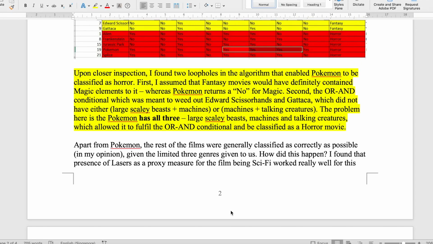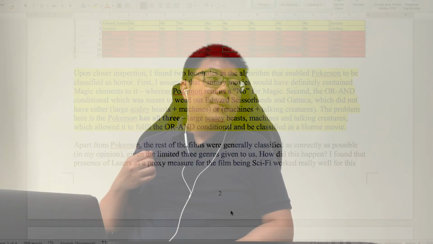Where students really stand out and get more marks is when they recognize flaws or problems in the algorithm, or certain merits in it. So this student did an analysis of his own algorithm. "Upon closer inspection, I found 2 loopholes in the algorithm that enabled Pokemon to be classified as horror." Now, many students didn't do so well because they just say, oh, these movies are wrongly classified as horror.